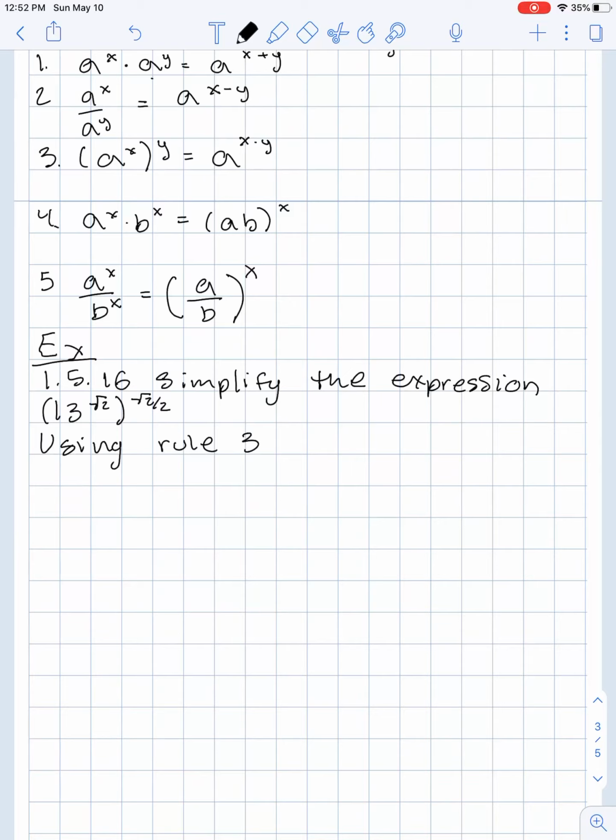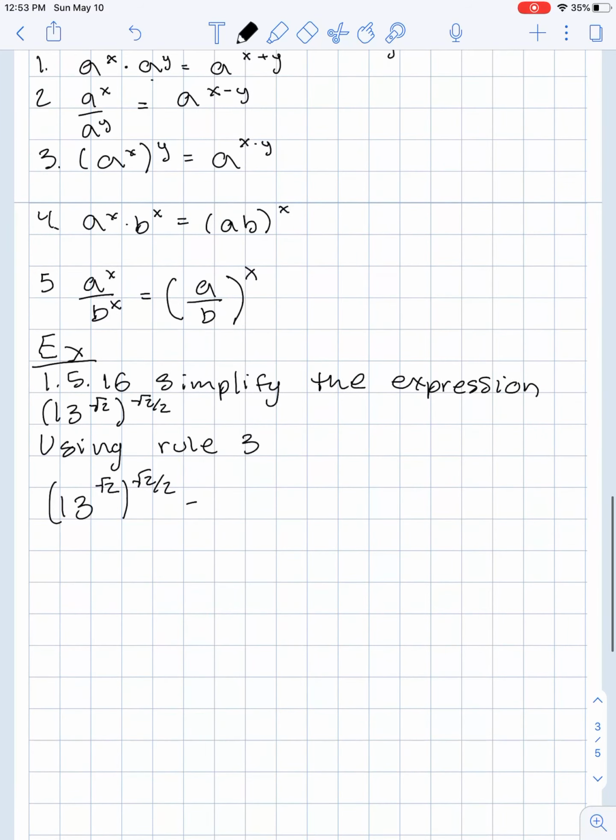So that 13, here, let's write this. 13 to the square root of 2, to the square root of 2 divided by 2 equals 13 to the square root of 2 times the square root of 2 divided by 2.